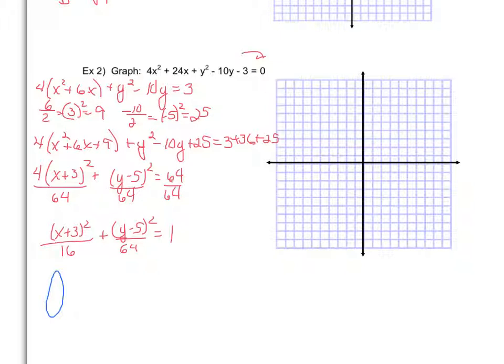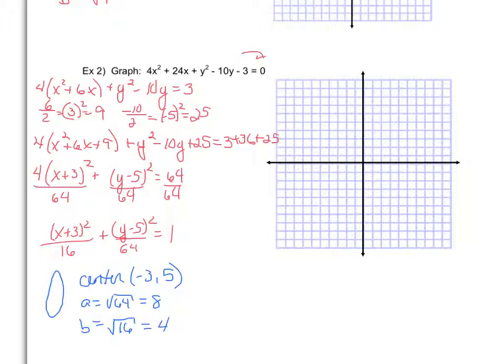I'm going to have a center of (-3, 5). My A, remember, is the square root of the larger number, so my A is 8, and my B, the distance from the center to the endpoint of the minor axis, is the square root of the smaller number, giving me 4.